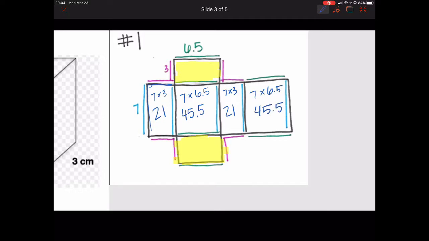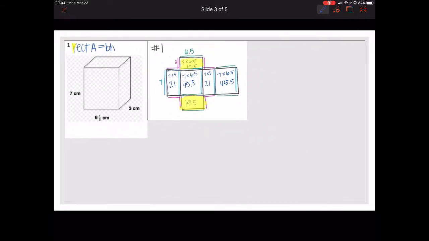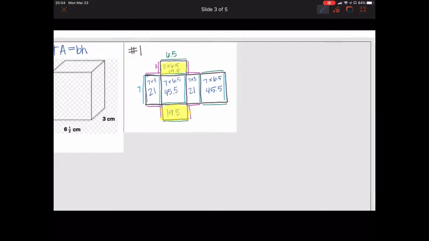Okay. And then for these outside ones, we have 3 times 6.5, which comes out to 19.5, and our bases are always the same. So that's going to be 19.5 as well. So now we have all our areas.